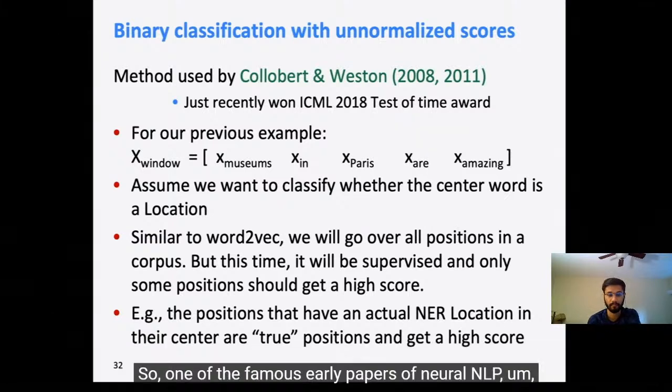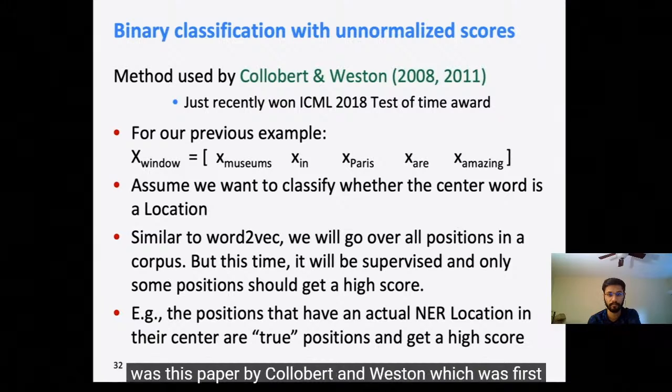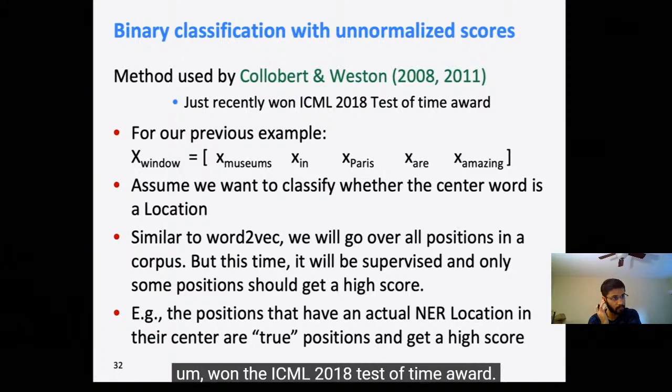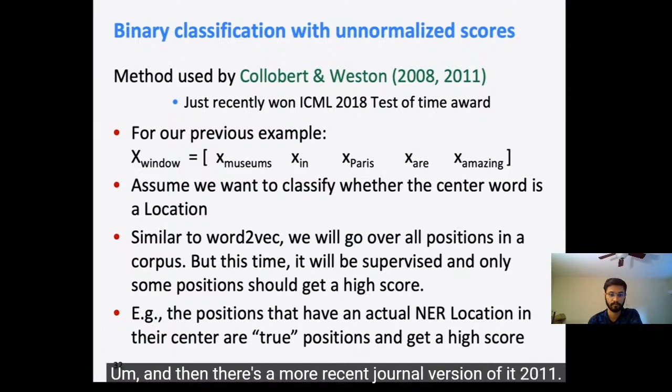So one of the famous early papers of neural NLP was this paper by Collobert and Weston, which was first an ICML paper in 2008, which actually just a couple of weeks ago won the ICML 2018 Test of Time Award. And then there's a more recent journal version of it, 2011.